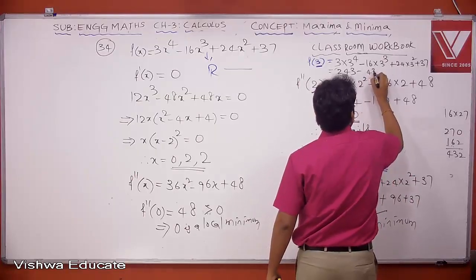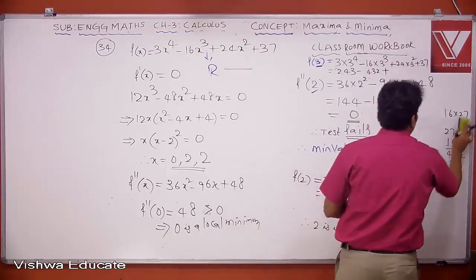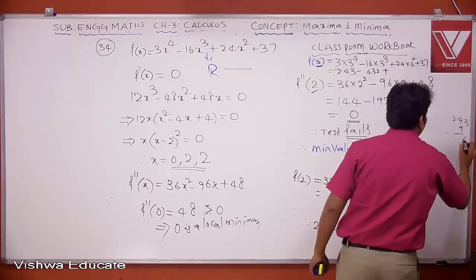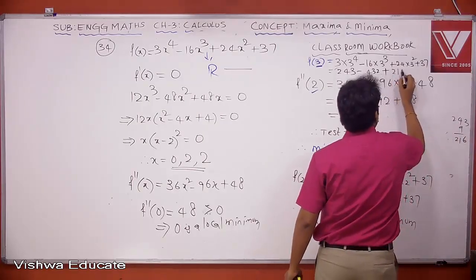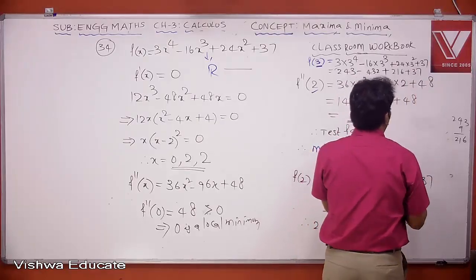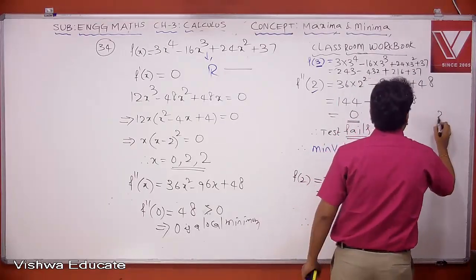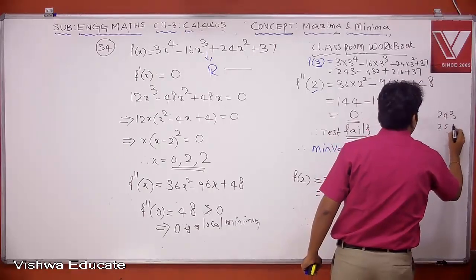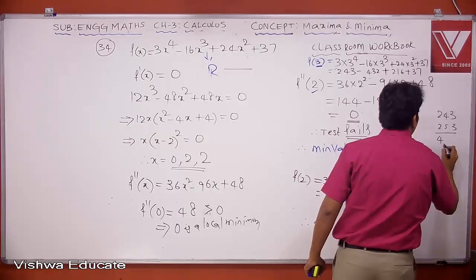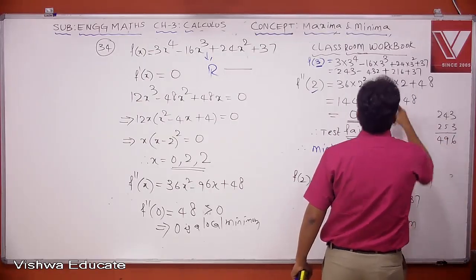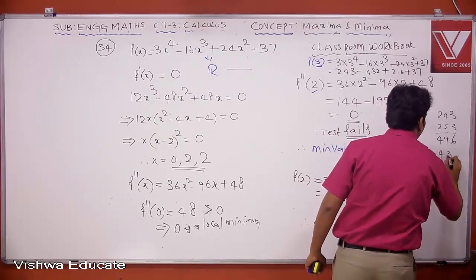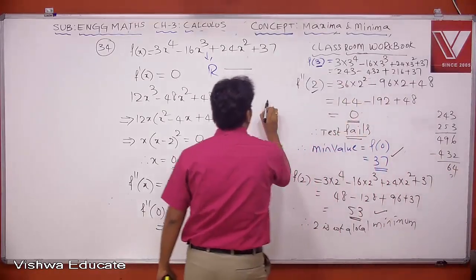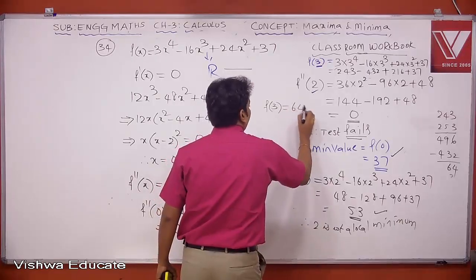So 243 minus 432 plus 24 nines, 24 nines is 216. So 216 plus 37. Now add all these values. 243 plus 216 plus 37 is 496. Minus 432. So subtract this, you will get 64. Therefore this f of 3 I am getting as 64.